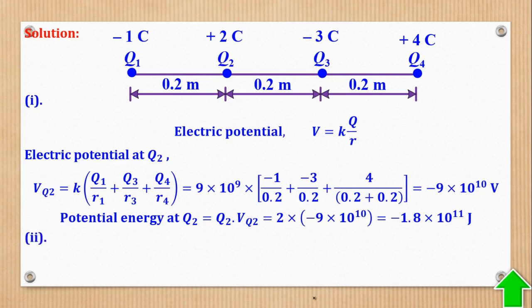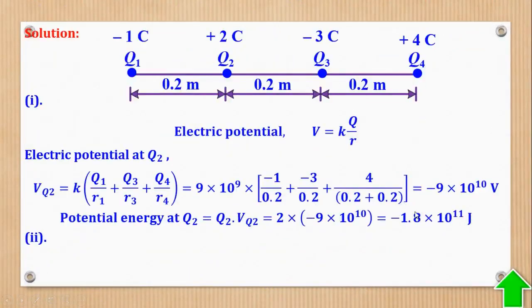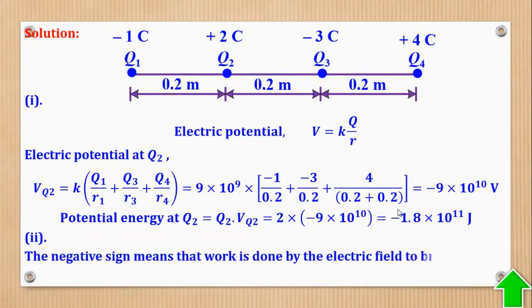That was Roman 1. Then for Roman 2, they said, what is the significance of the sign of the potential energy in Roman 1 above? In this case, the sign is negative, and the question is, why is it negative?